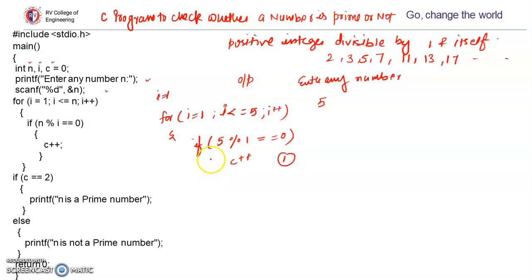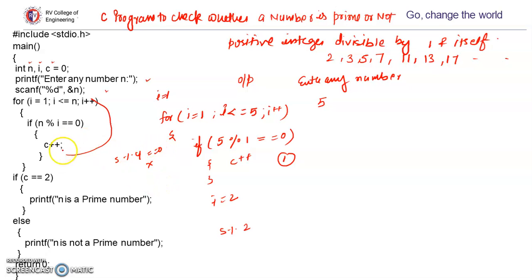Then we go and update the value of i here. Now i becomes 2, and again is 5 modulo 2 equal to 0? No, so the counter will not be incremented. Then i becomes 3, is 5 modulo 3 equal to 0?